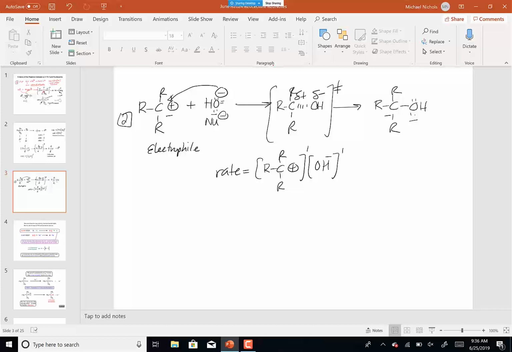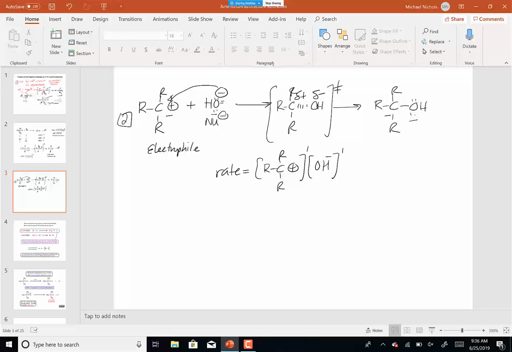This is different because when we did this reaction with the tertiary halide, we found out that it was 0 order in nucleophile, so the nucleophile concentration didn't affect the rate at all. So now I'm trying to come up with a mechanism that explains that kinetics. So that's where I'm at.